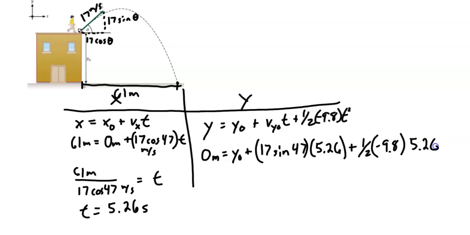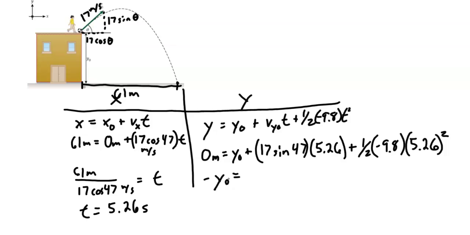Anyways, 5.26 seconds squared. And basically all I need to do now, I'll go ahead and move this y sub naught over. Naught is what I'm saying there, another word for initial or 0.